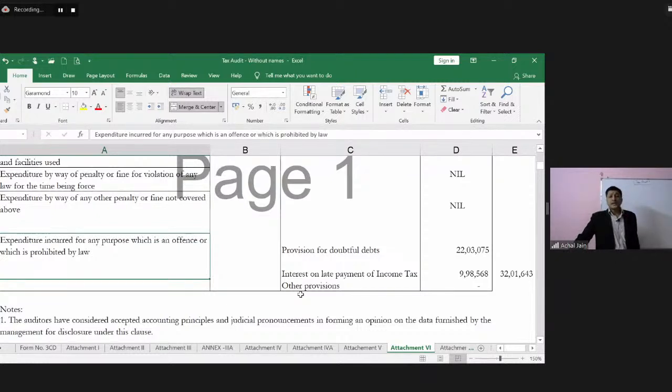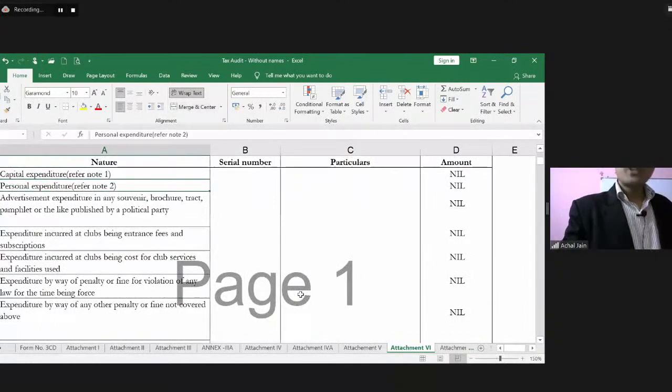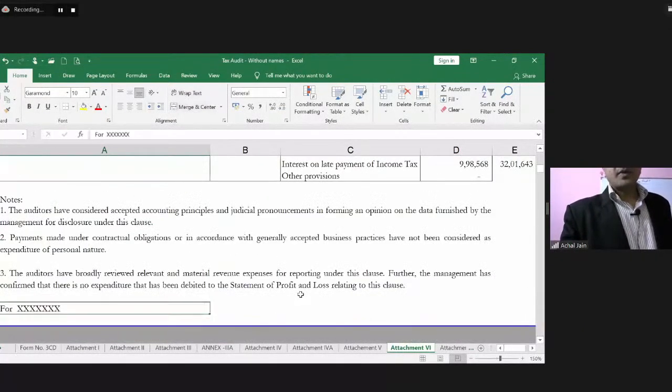Sometimes companies also maintain separate ledgers for taxes, etc., which are in the nature of penalties and interest, which are paid by the companies or the entities during the year. But to capture the information about the expenses which are personal in nature will be difficult on the part of the auditor.